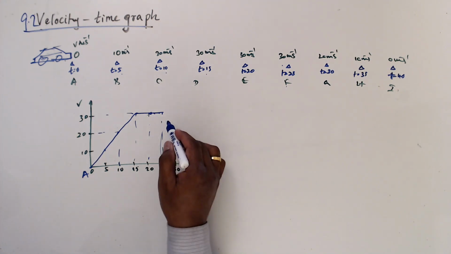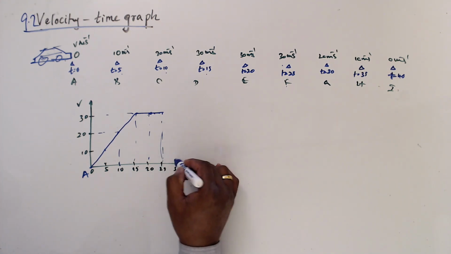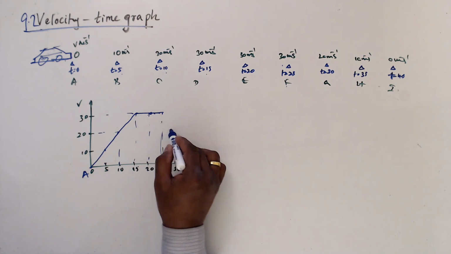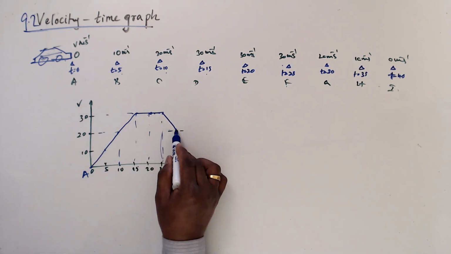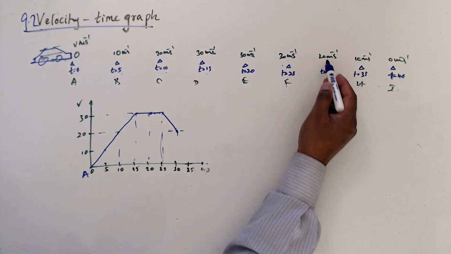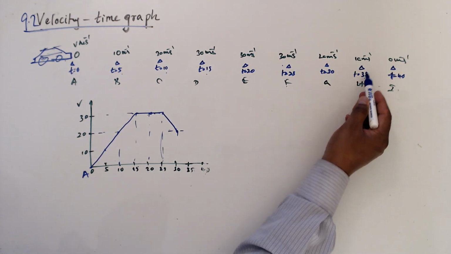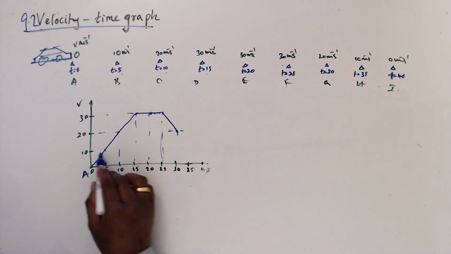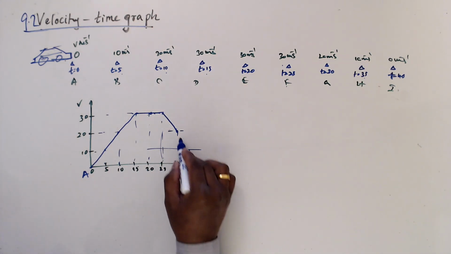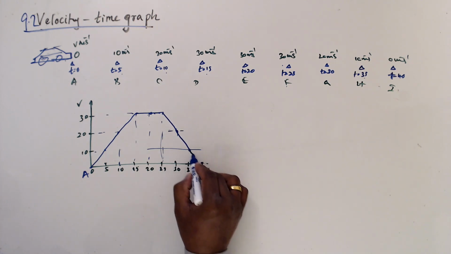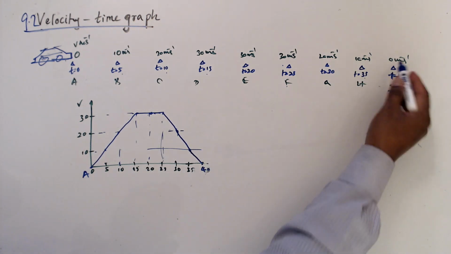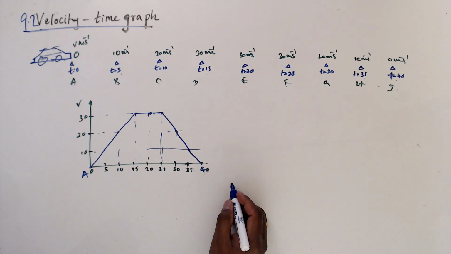And after that, when it is 30, we will see that it is 20. And then at 35 it is 10. And when it is 40, the car has stopped.